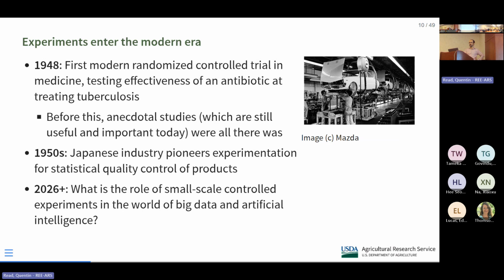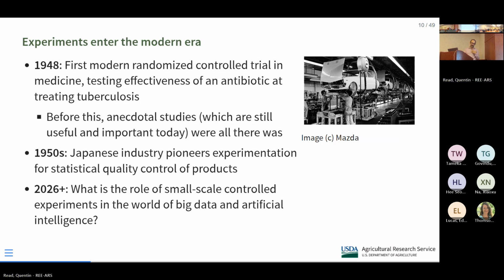Okay, well, now here we are, it's 2026. Everybody is talking about big data, AI, all that kind of stuff. It's like, well, maybe we don't need experiments anymore because we have such a huge amount of data coming in from the real world that we don't need these small scale experiments on 24 mice or whatever anymore.